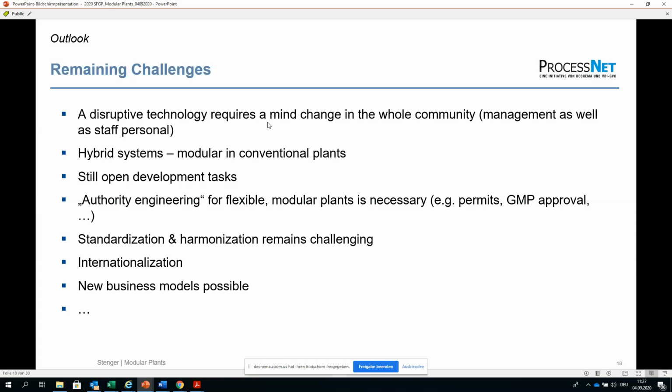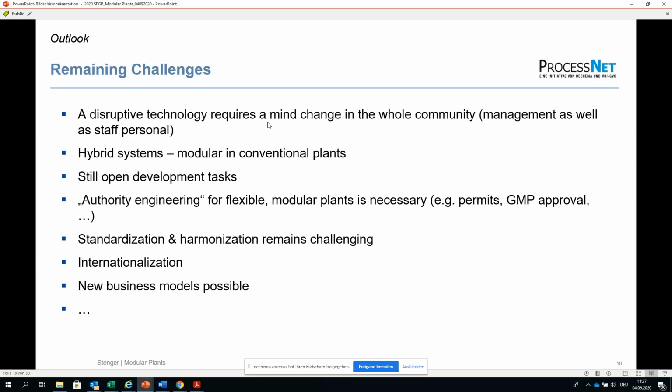It makes no sense to be ready with your process technology if it takes years to get the authority approval; then this will not pay off. Standardization and harmonization remain challenging. This is why I'm happy to talk to you and bring that topic into this community and start an exchange and work together on these concepts.